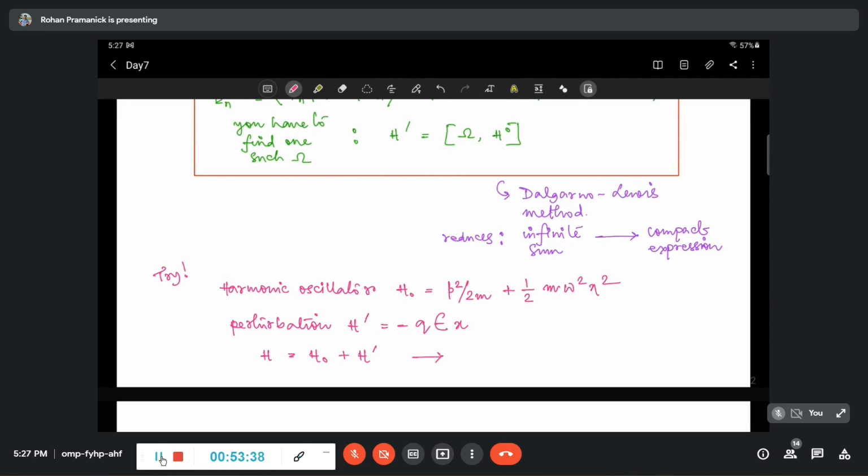Then the energy that you provide to the system is nothing but qEx, right? This is the perturbation that you give to the system in the case of a charged harmonic oscillator placed in an electric field. So this is a classical problem that you have to face.